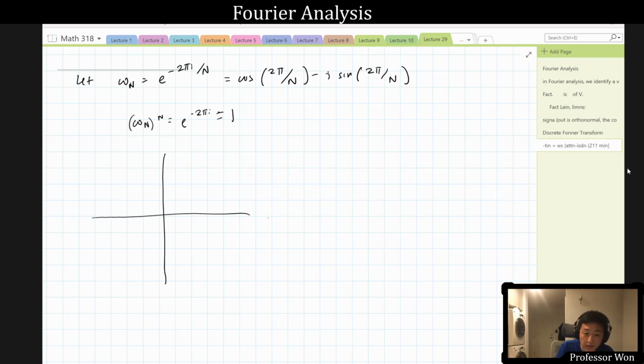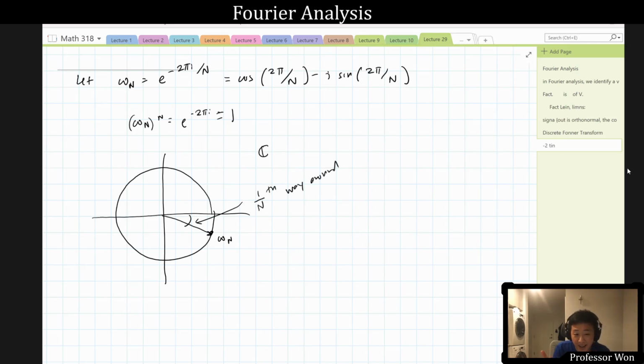roots of 1. So this is a picture of C. Omega n is just a complex number. Here's the unit circle. And omega n is this vector, where this angle is 1 over nth of the way around. It's 2 pi I over n, which means it's 1 over nth of the way around. So omega n squared, remember you just add the angles. Here's omega n squared.